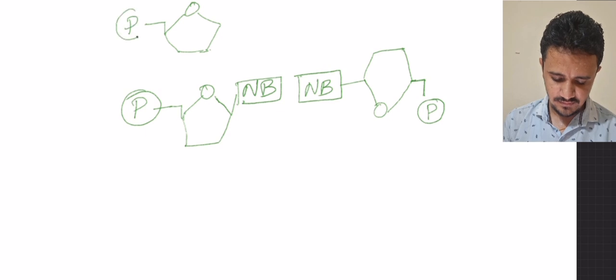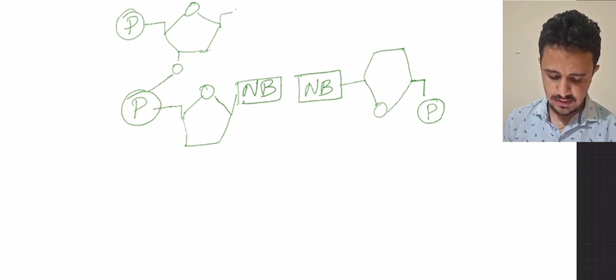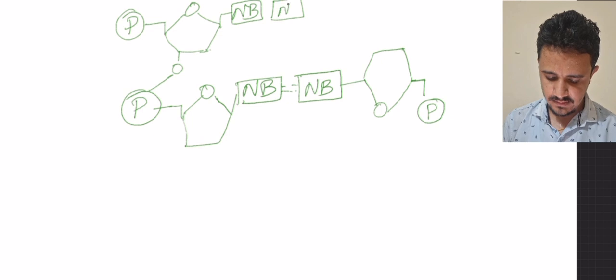Here we have the phosphate, and here, if you see, one oxygen was there, right? So this is how it binds. Okay, here similarly we have a nitrogenous base, and hydrogen bonding will be there, and another nitrogenous base, and the same structure here.